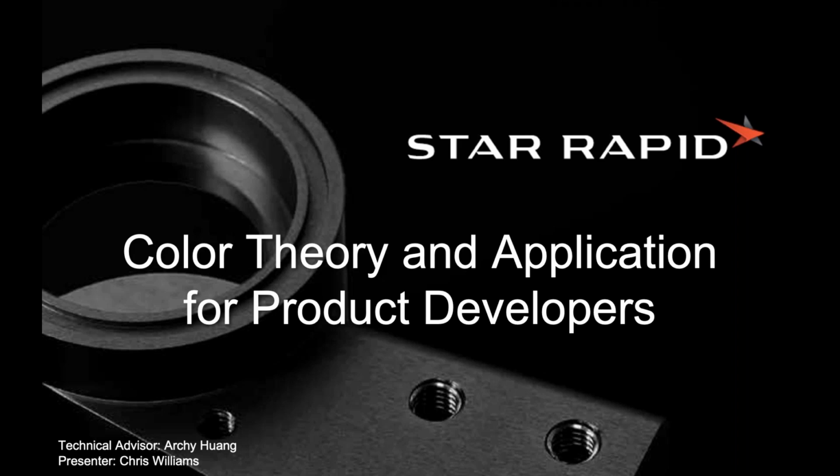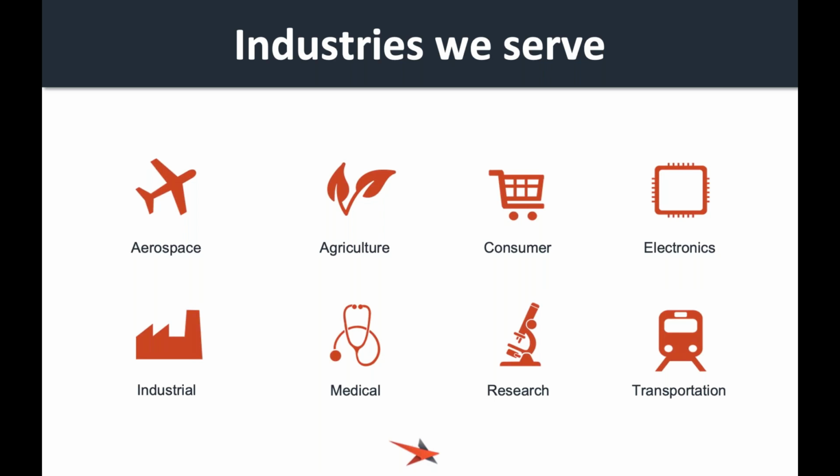If you're new to StarRapid, we are a specialized manufacturer of rapid prototypes, rapid tooling, and low volume metal and plastic products. We serve customers around the world. Now, why low volume? Because we help product developers take new ideas from initial concept to prototypes. And from there, we scale up to mass production. Now, we supply parts and assemblies to support a variety of industries.